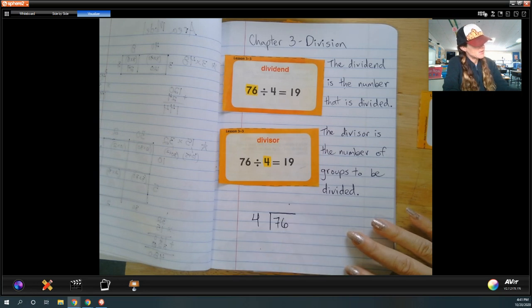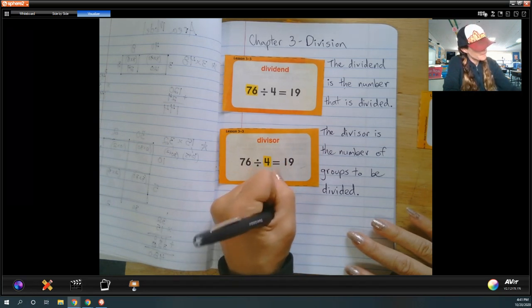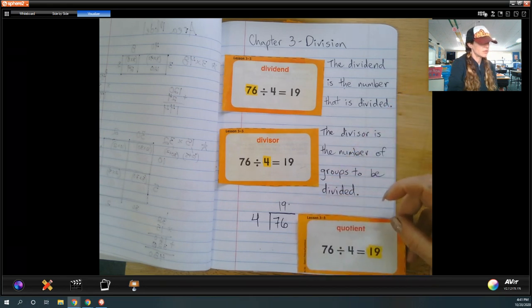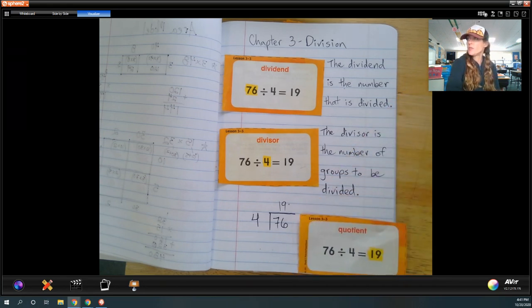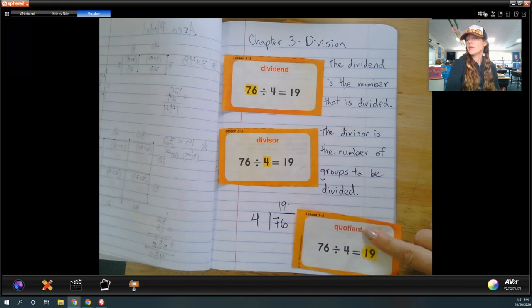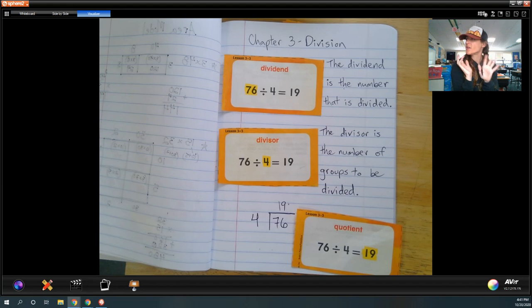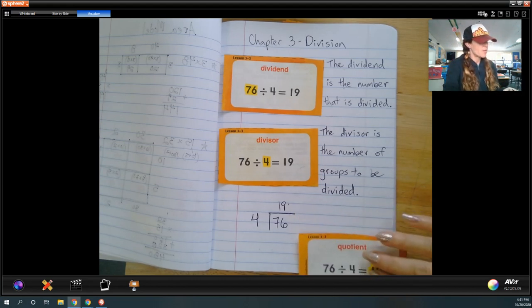And then my answer is what we call the quotient. That one is friendlier for me to remember because it starts with a different letter than these two. Quotient is the answer, just like the product is the answer for multiplication. P and Q are close in the alphabet, so that helps me remember.